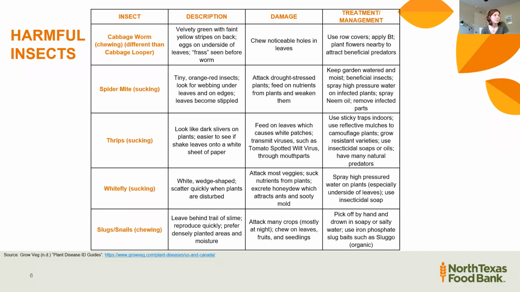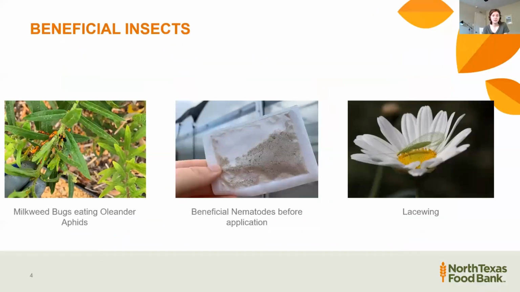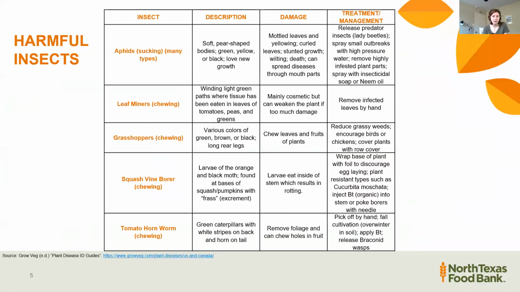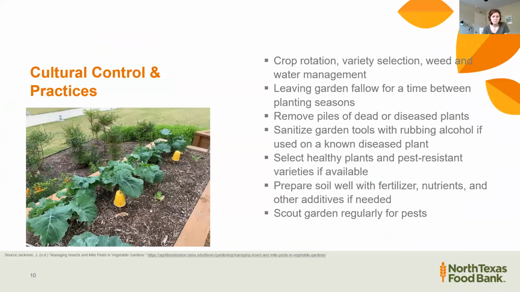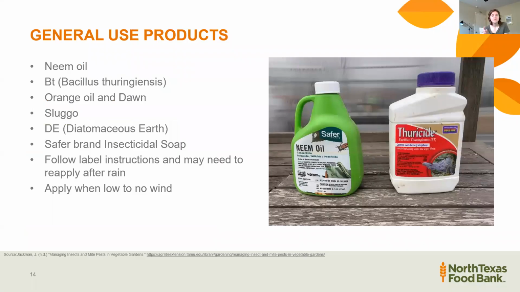Okay, what is insecticidal soap and is there a brand you recommend? Is it like Dr. Bronner's or Castile soap? So for insecticidal soap, I like to use Safer brand. So that neem oil is Safer brand, and that's what I like to use for insecticidal soap as well.